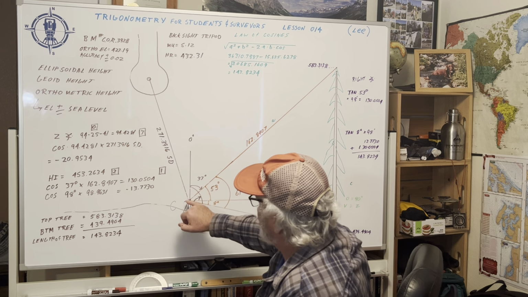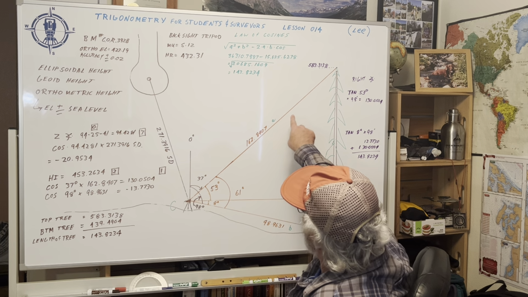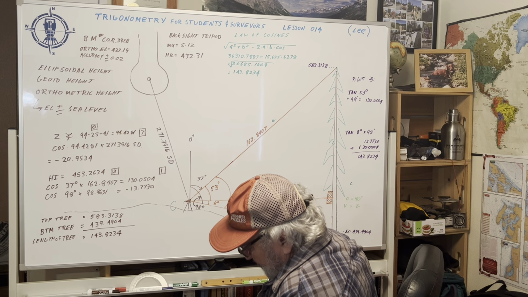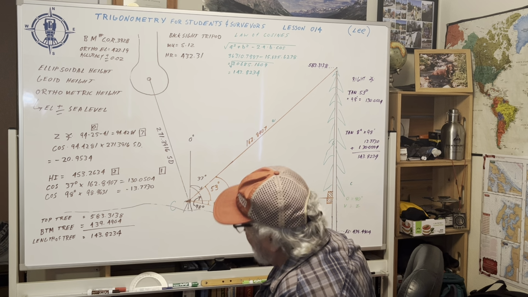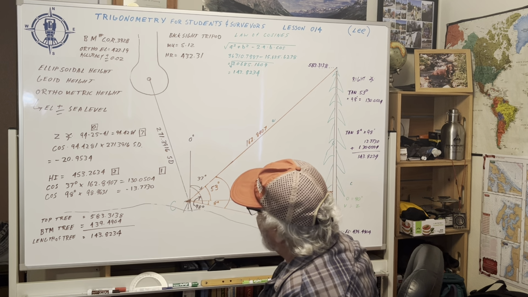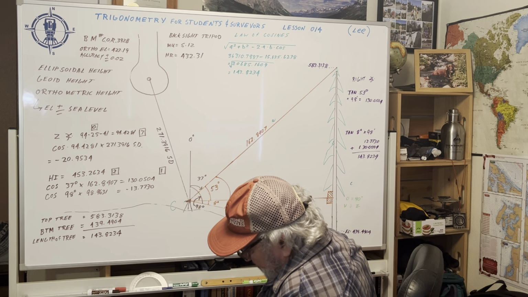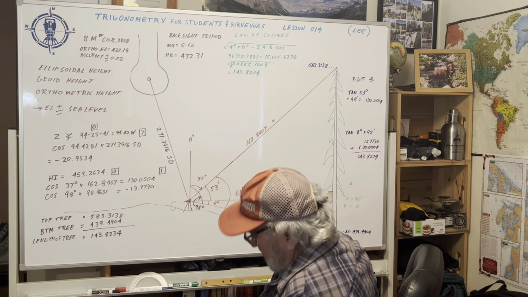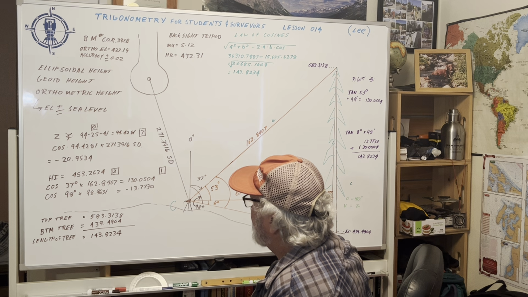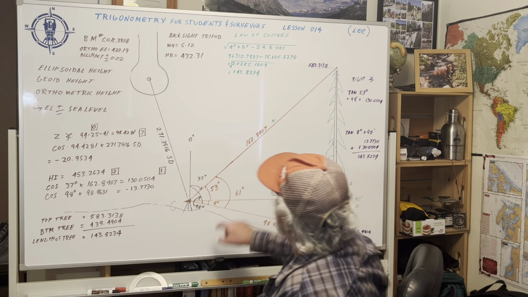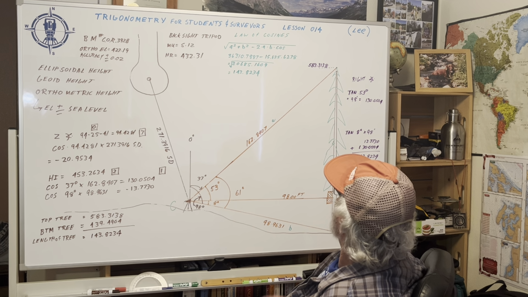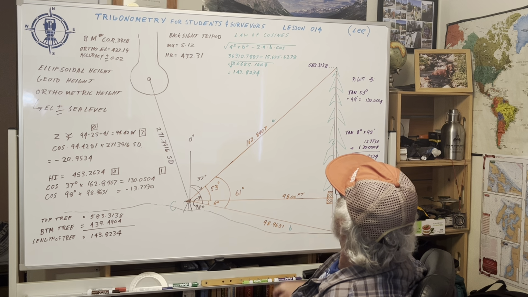That's our height of instrument, and now we've done the cosine of this length, and we've got 130.0504 plus 453.2634. Enter. That gives 583.3138. So that's the top of the tree. So not only have we measured it, we actually have an elevation up there.